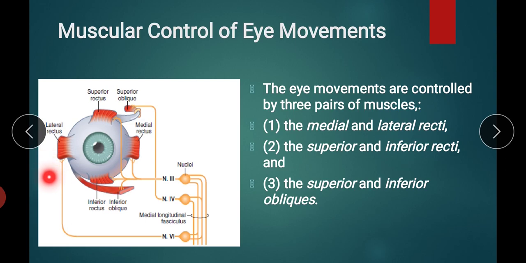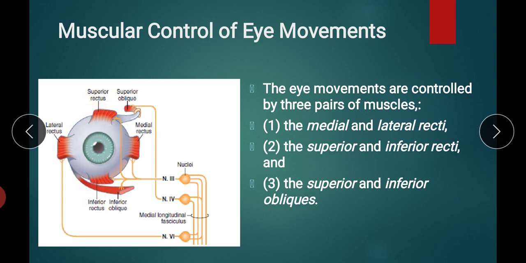So one type of movement occurs around the vertical axis. Suppose this is the vertical axis, then the movement around it is adduction and abduction. Then the horizontal axis, suppose this is the horizontal axis, then the movement is upward movement and downward movement.